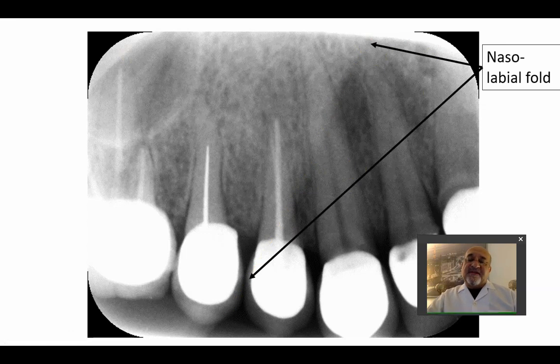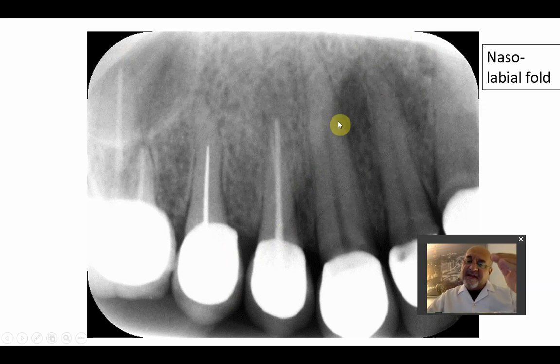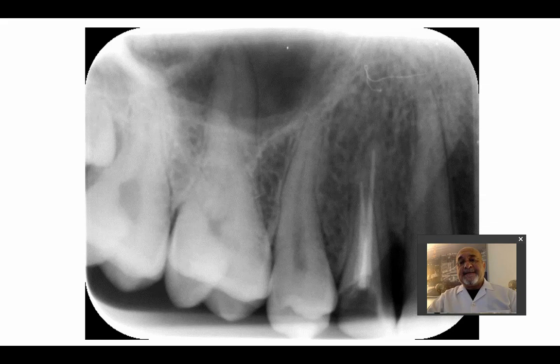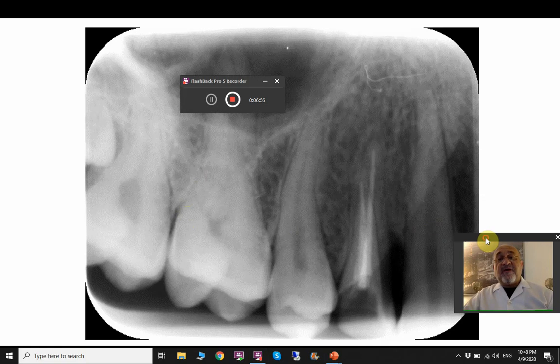And this is the extension of the naso-labial fold. Of course, it extends down, but what is important to us is that its shadow is laid on the image.